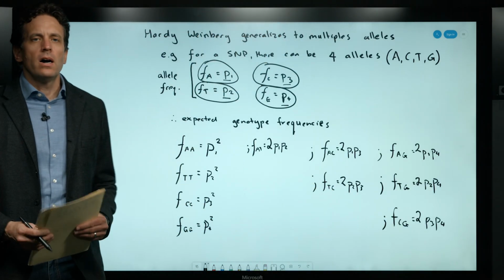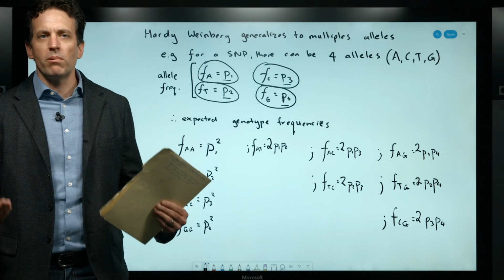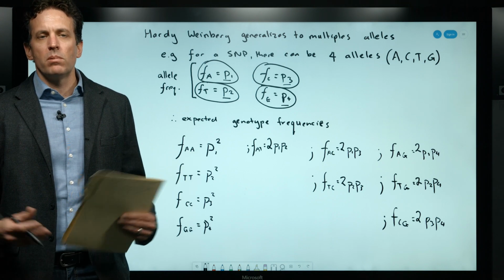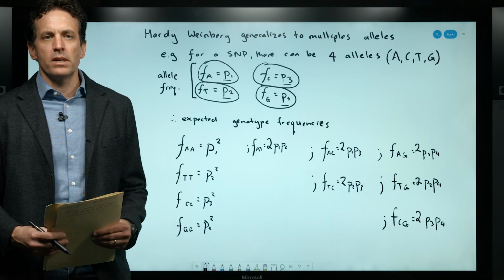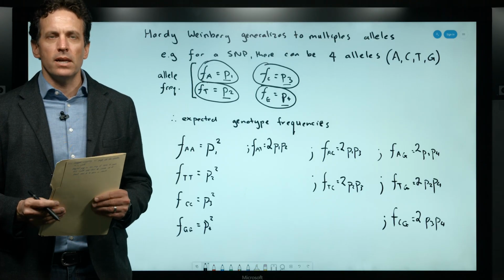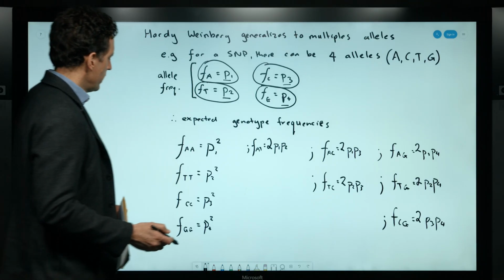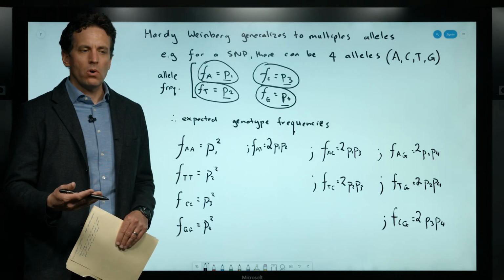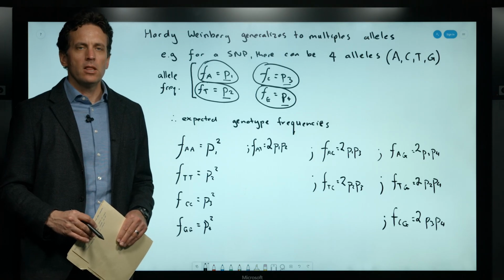And this is how computing the expected genotype frequencies generalizes from Hardy-Weinberg's law for any number of alleles at a particular locus, if we want to compute the expected genotype frequencies for the homozygous class and the heterozygous class. And what's important here now, of course, is that if we add up all those genotypes, since they are all the possible genotypes that can occur in the population.